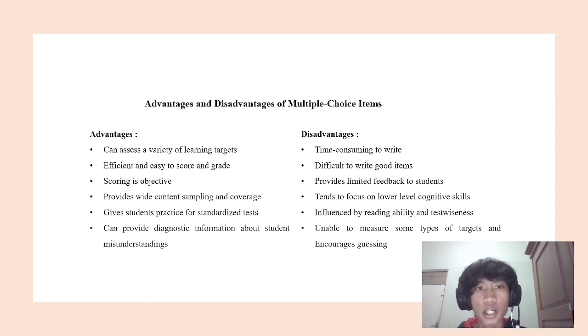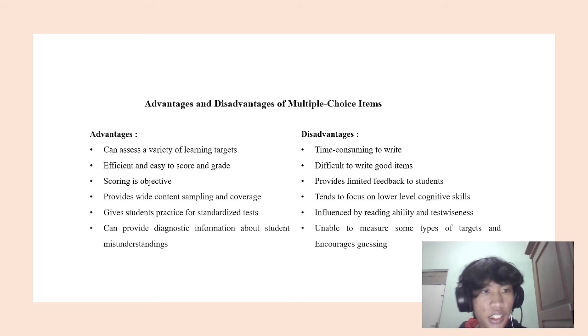Of course, because there are advantages, there are also disadvantages for multiple choice items. As you can see on this last page, there is a list of advantages and disadvantages for this type of question.